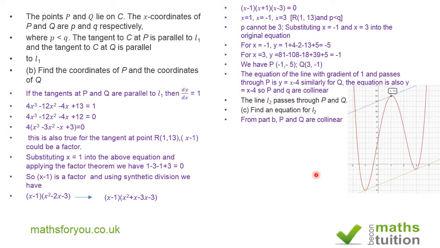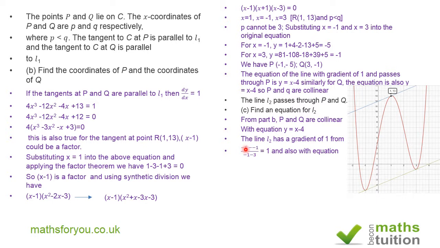Moving on, we can actually find the gradient of L sub 2 by looking at the coordinates of P and the coordinates of Q. If you look at minus 5 minus minus 1, that would be the y's.